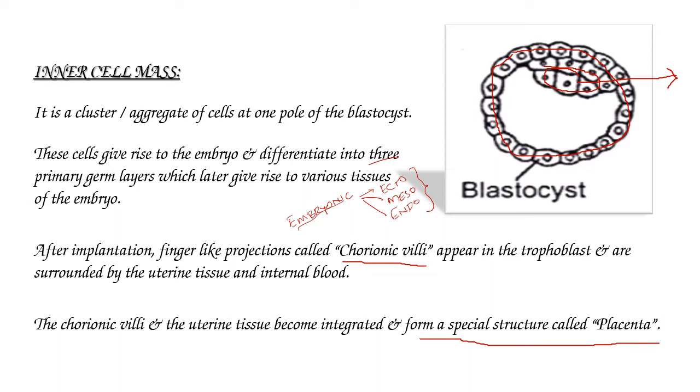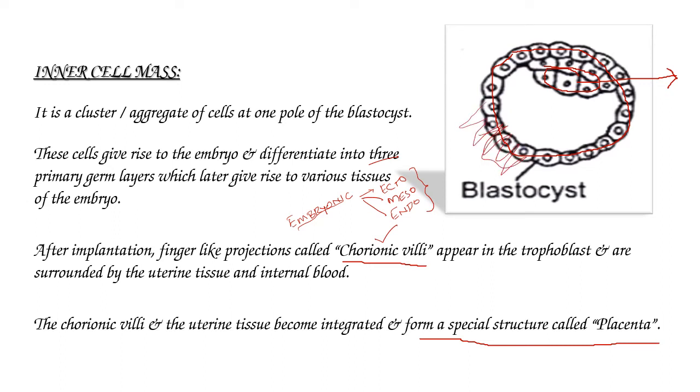After implantation, finger-like projections called chorionic villi appear in the trophoblast. That means in the trophoblast layer at this region, finger-like structures are developed.